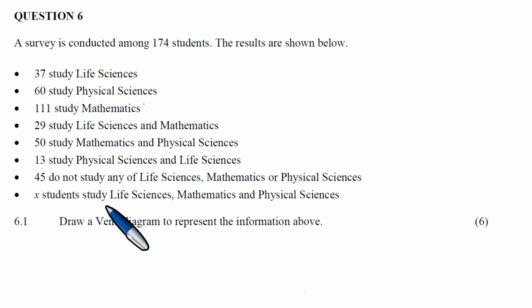Okay, a survey is conducted amongst 174 students. The results are shown below. 37 study life sciences. This is exactly question 6. But to draw the Venn diagram here, we need to draw big.